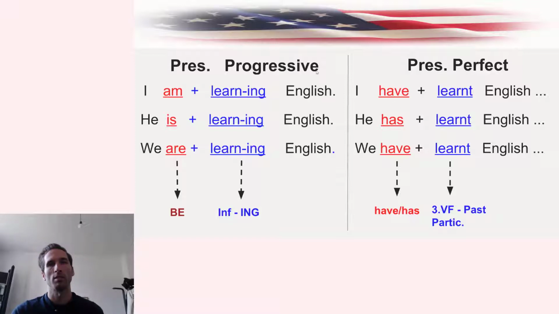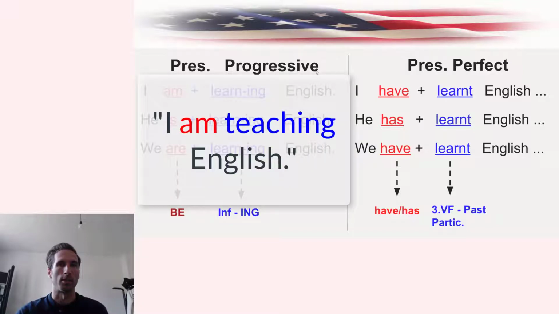Present progressive is used to express something that's happening right when we are talking. Now, instead of saying I am learning English, I could also say I am teaching English, because I'm doing this right now when I'm speaking. I'm explaining to you the present progressive. So it's for things that are happening right now or at a given moment.